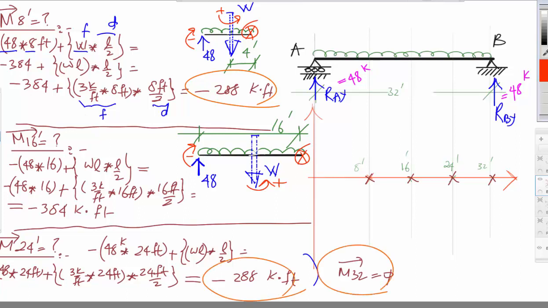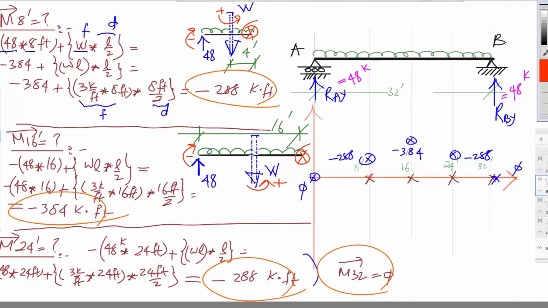This one and this one and this one and this one. So I have all the values. The first value here is minus 288. The second value is minus 384, and the third value is minus 288, and this is equal to 0.